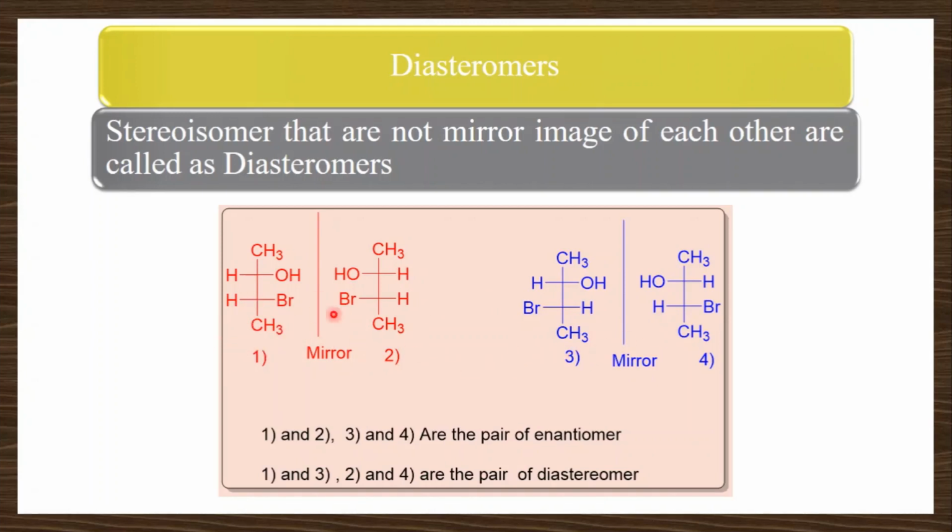That's why the first and second are called enantiomers, because these are non-superimposable mirror images of each other.